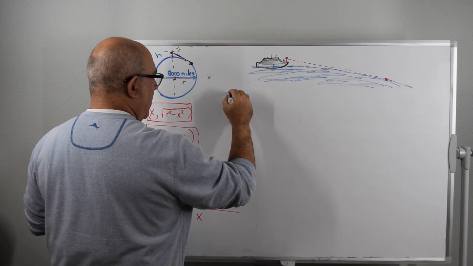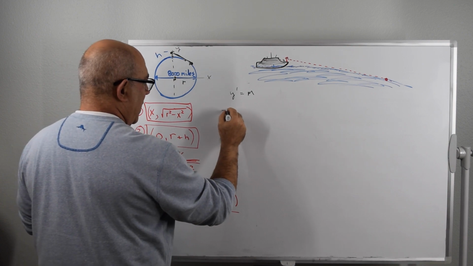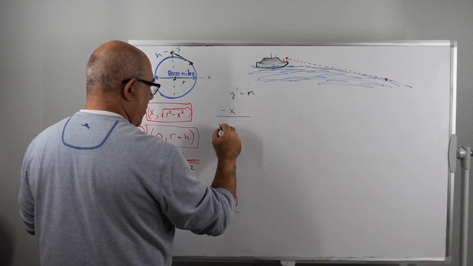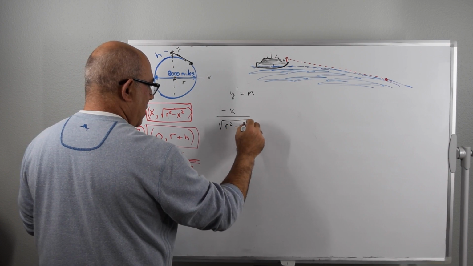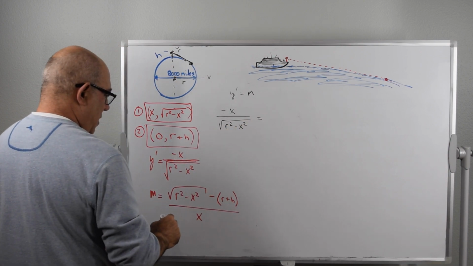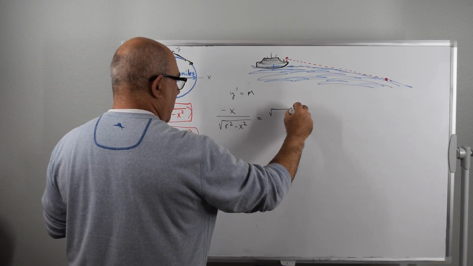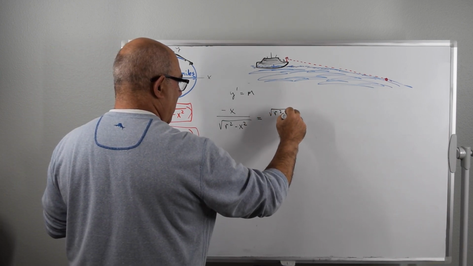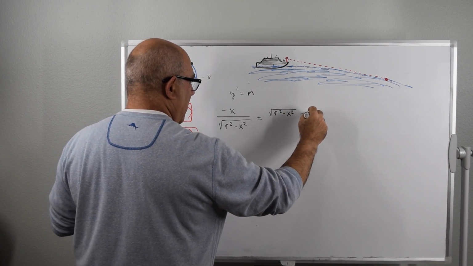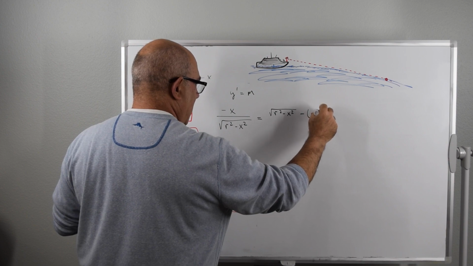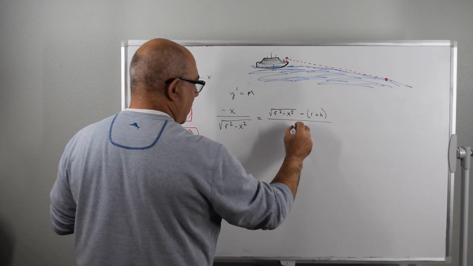So y prime equals m, and that means minus x divided by the square root of r squared minus x squared equals m, which is the square root of r squared minus x squared minus the quantity r plus h, no square root there, divided by x.